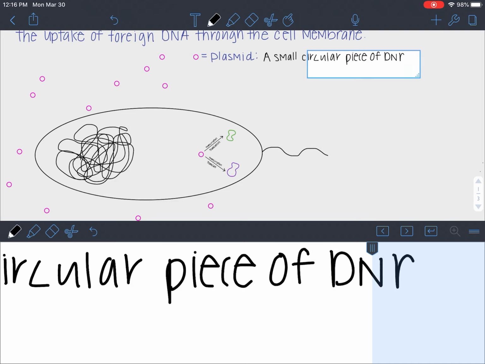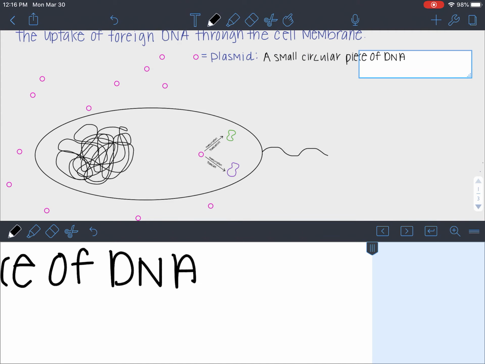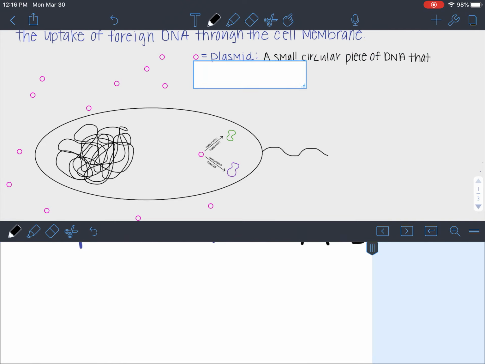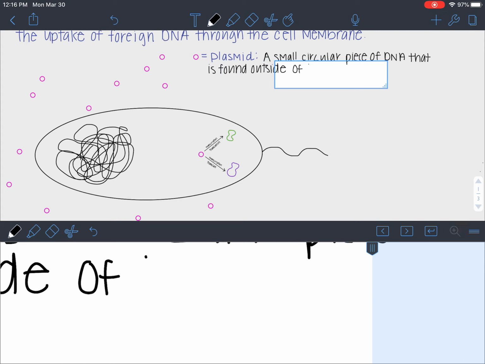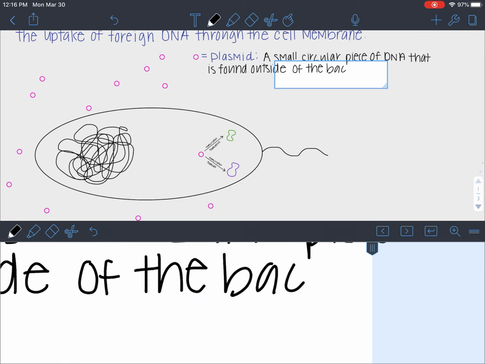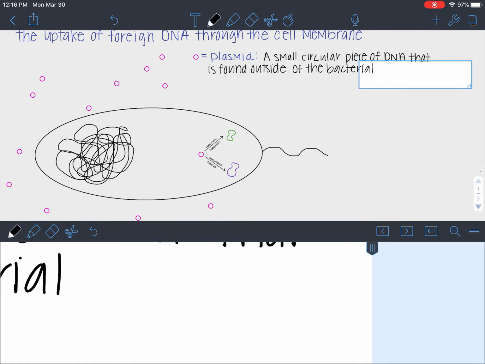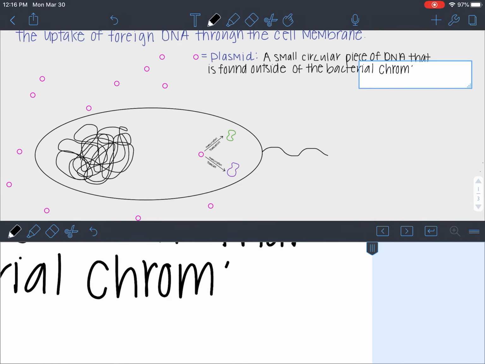What's interesting is that that small piece of DNA is found outside of the bacteria's normal chromosome. Which is kind of cool because that means that those plasmids can replicate on their own in a lot of cases. Now, those plasmids usually carry some types of genes that the cell doesn't always need to express, but it can express them in specific situations.